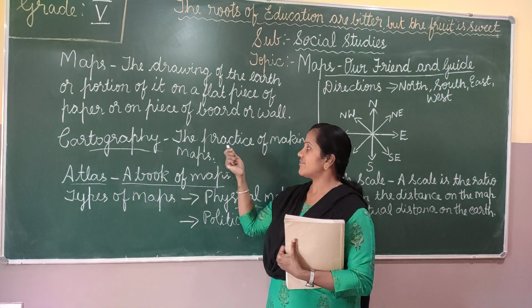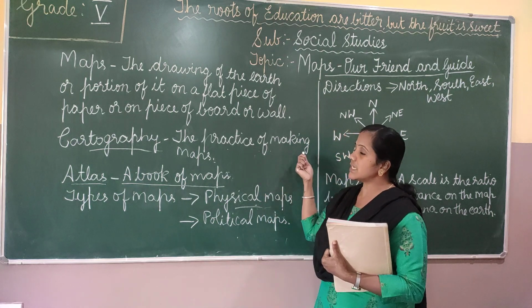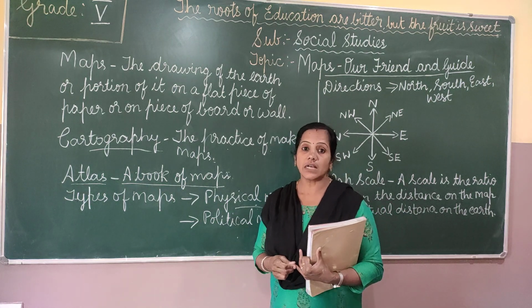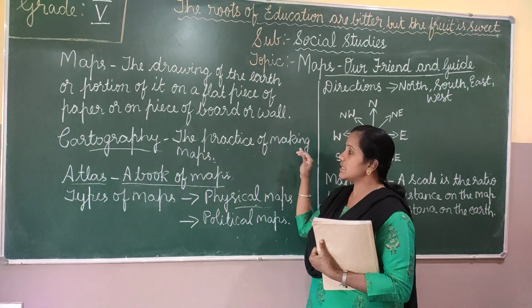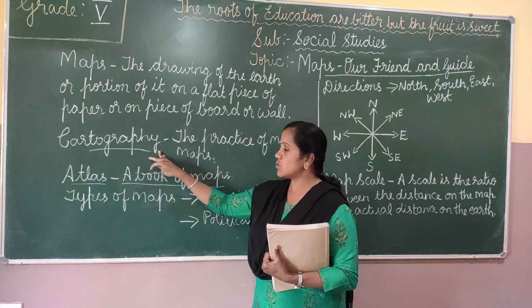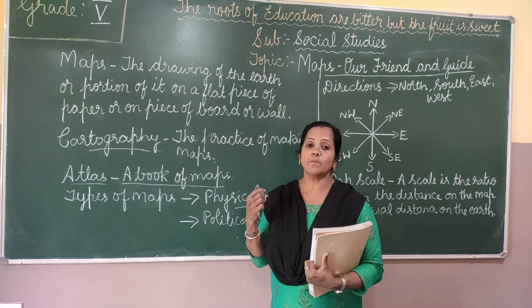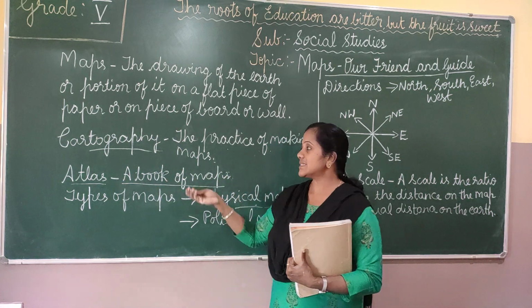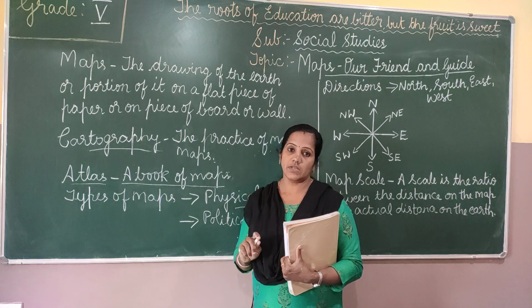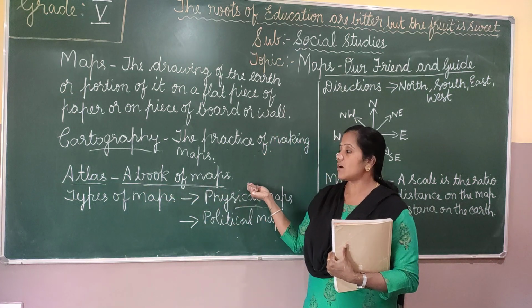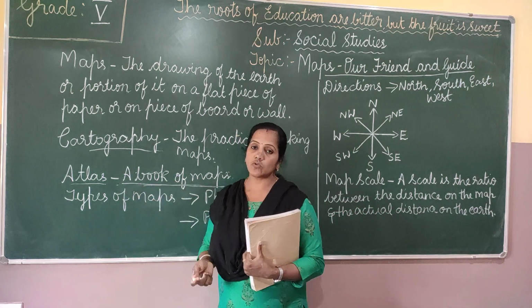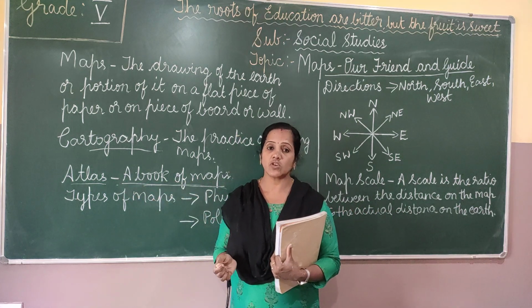The practice of making maps is called cartography, and the person who makes maps, we call him a cartographer. And a book of maps is called an atlas. As I told you before, we have different types of maps.